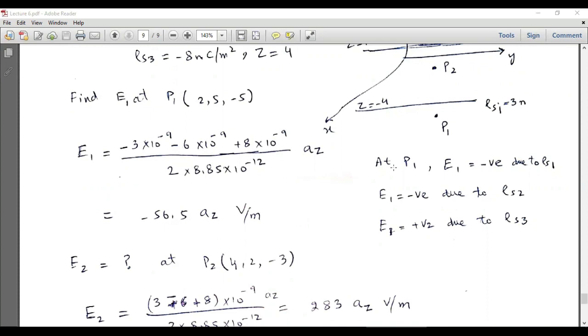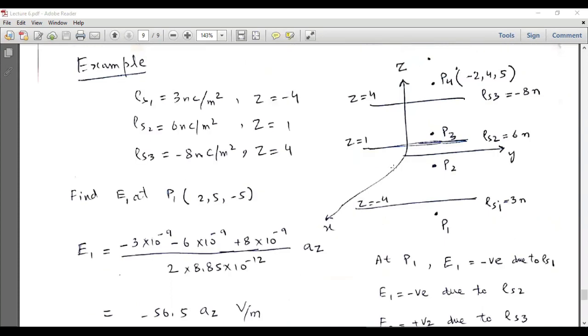So for the point P1, there are a total of three sheets, and this is our point P1. Now we have to use some common sense before solving this problem. This is the first surface charge rho s1, and it is positive 3 nanocoulomb per meter square. Due to this surface charge, the direction of electric field at point P1 will be downward.